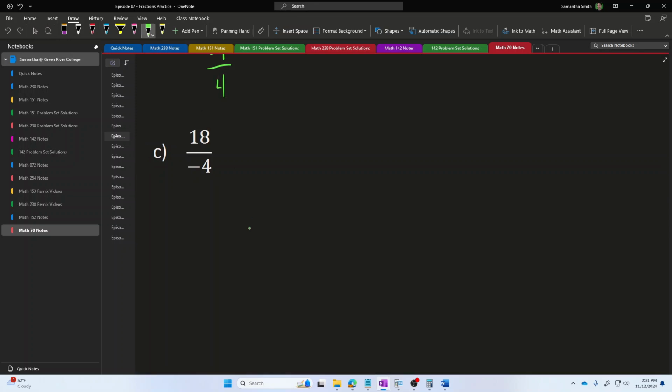And I think that the number 2 goes evenly into both 18 and 4. But because it is tradition to make the denominator positive in the end, I'm going to divide by negative 2 so that these two minus signs here, when I divide them, will give me a positive result in the end.